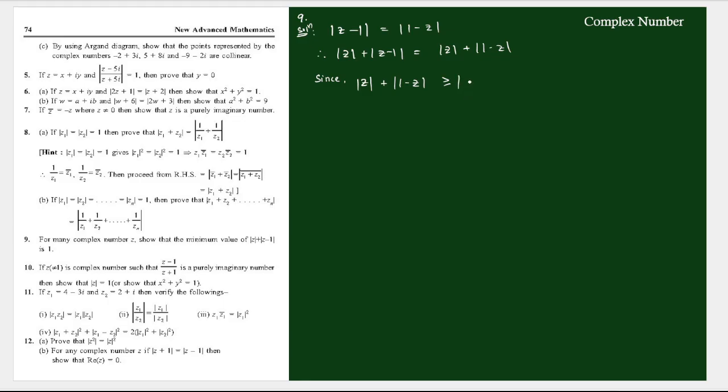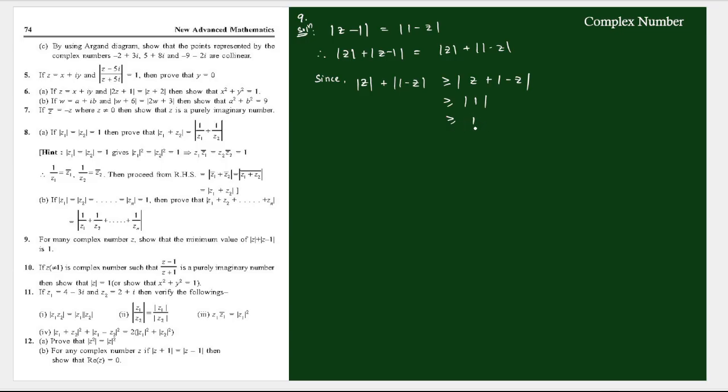Then modulus of z plus 1 minus z is less than or equal to the sum of the moduli, modulus z plus modulus of 1 minus z. So the z cancels, and then you will get modulus of 1, and modulus of 1 is nothing but 1. That means the sum of these two is greater than or equal to 1.